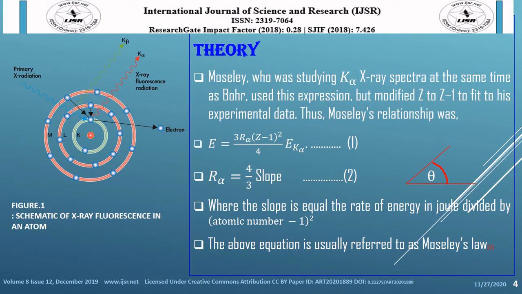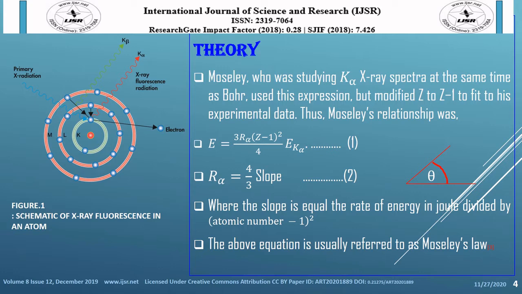Figure 1 shows that if any primary radiation hits a material composed of atoms, this radiation excites the atom, and we have energy emitted.